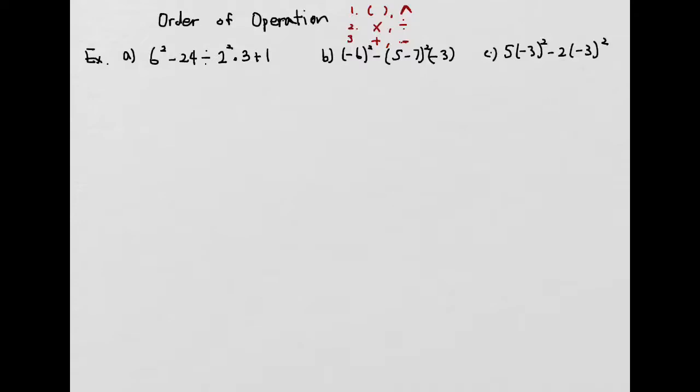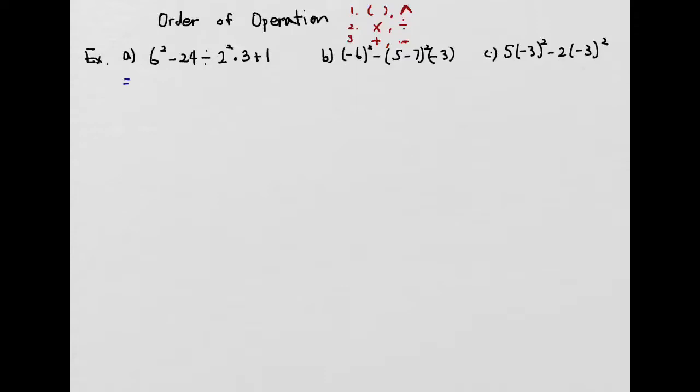If you have multiplication and division together, you do the left side first. Addition and subtraction, we also do the left side first. So remember that, and let's see if we can do the first example.